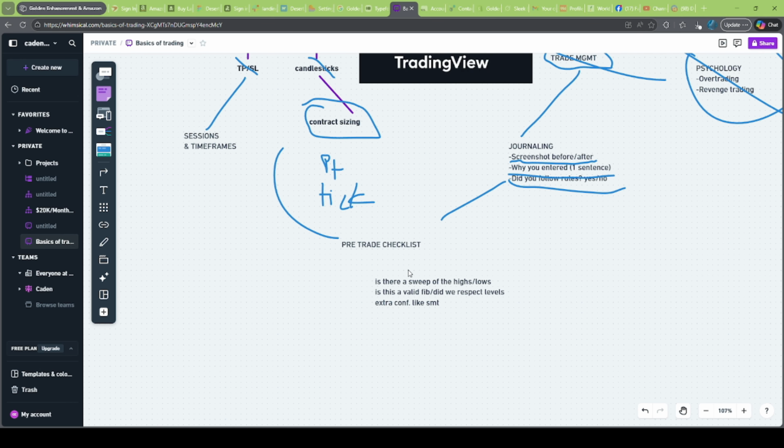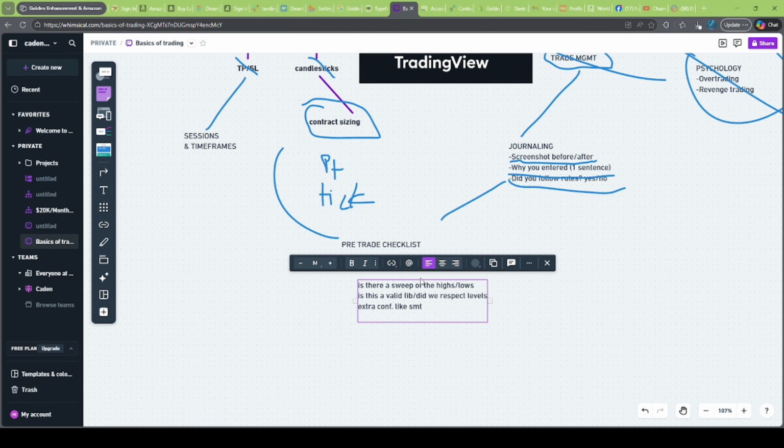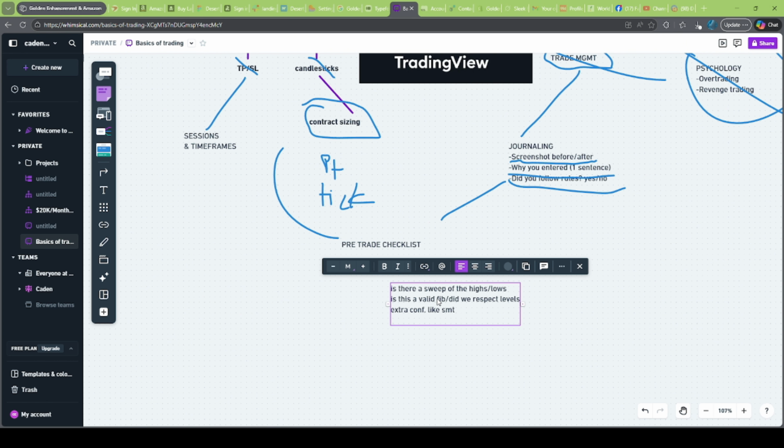Now, for me, my pre-trade checklist is pretty simple. I just look for the sweep of a high, a fake sweep of a high or a low, and if the fib that I'm using is valid, meaning the levels were respected, and then I use extra confirmations like SMTs or order flow, anything like that. So your pre-trade checklist is going to be different across the board for each person.